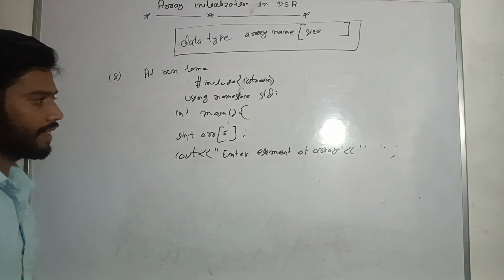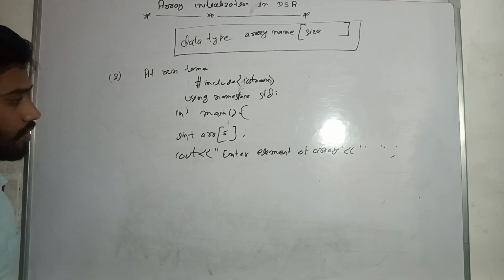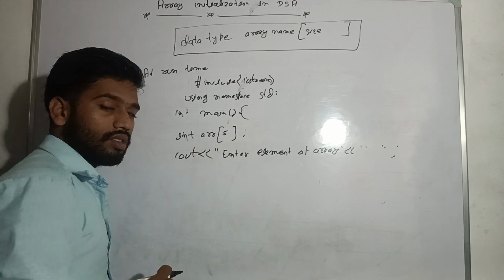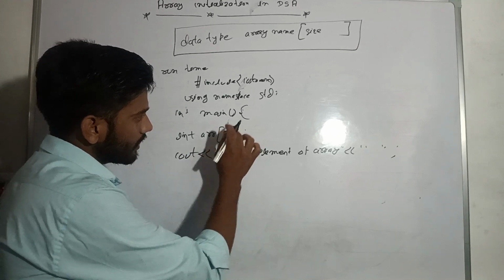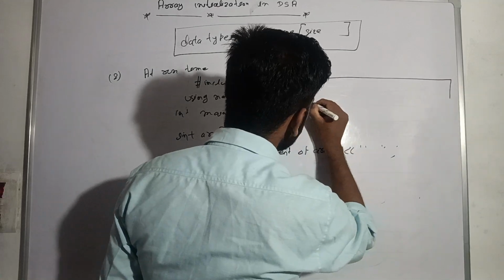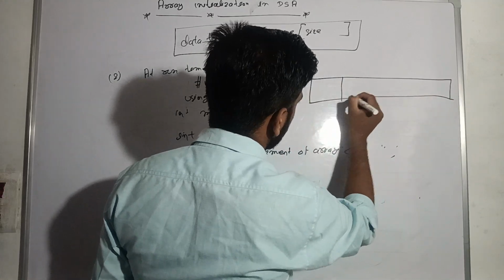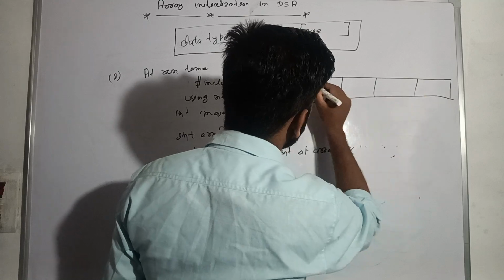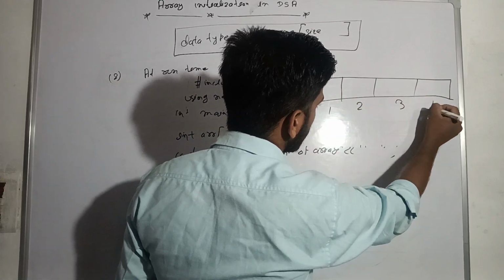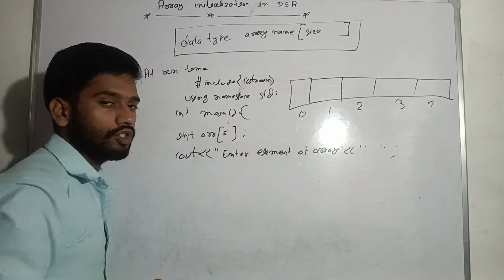Okay, and how many blocks should be in the memory? It will reserve 5 blocks. Okay, 0 1 2 3 4. Index will start with 0.